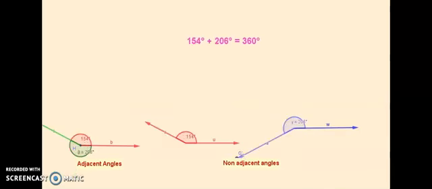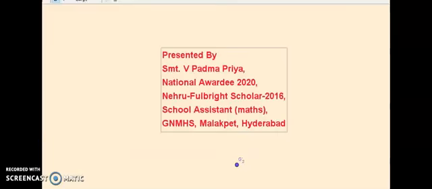These pairs of angles are called conjugate angles. If the sum of the measure of the pair of angles is 360 degrees, then we call the angles conjugate angles. That's all for today, children.